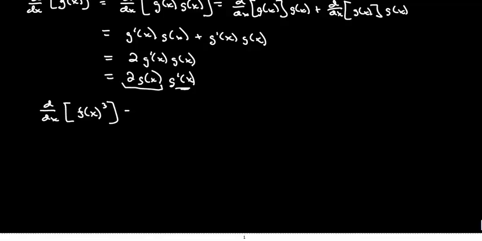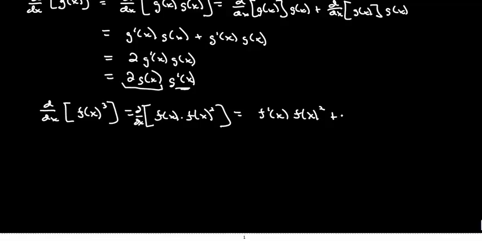Again, I can look at this as f of x times f of x squared. And if I differentiate this, the product rule gives me the derivative of the first times the second plus the derivative of the second.